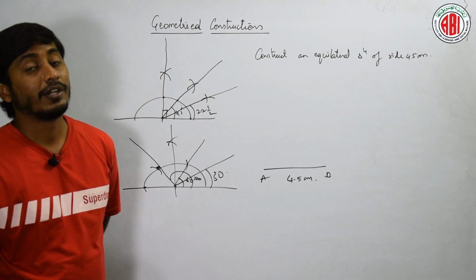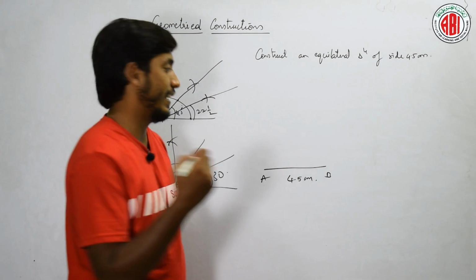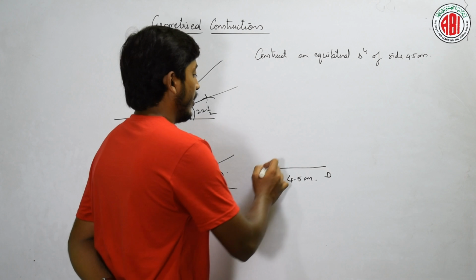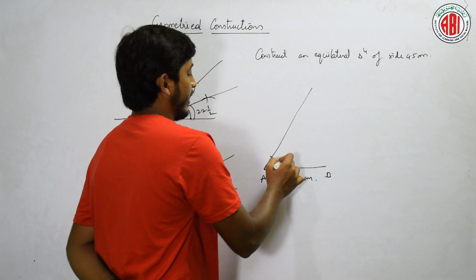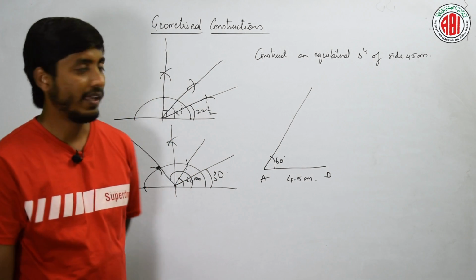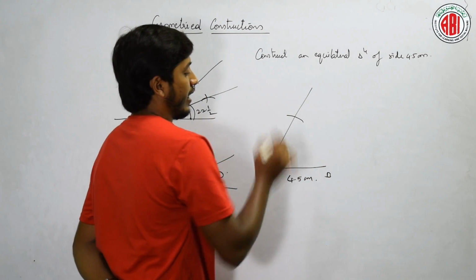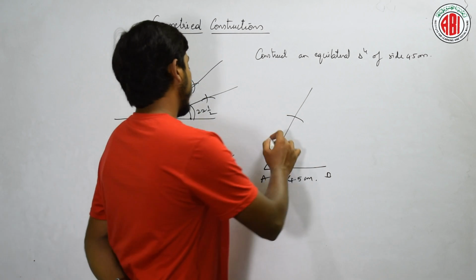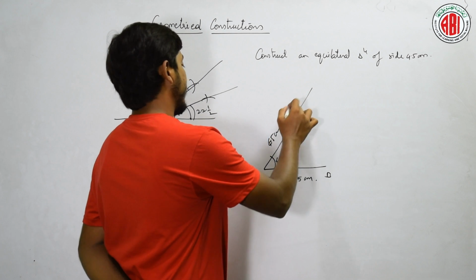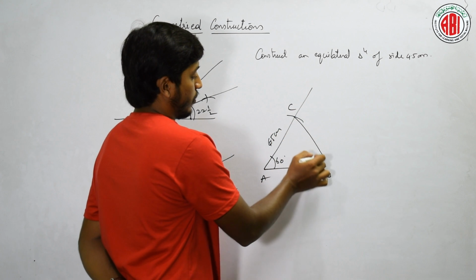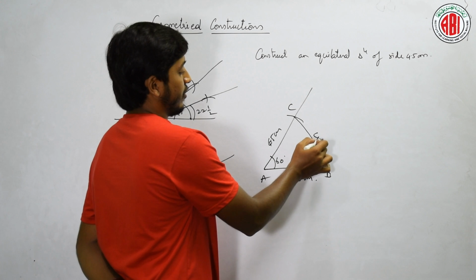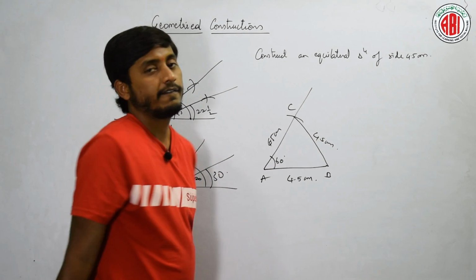Next step, with A as center, draw an angle of 60 degrees. With A as center, again 4.5 centimeters as radius, cut an arc here. This is 4.5 centimeters and this is C. Now join these both. Obviously this is also 4.5.